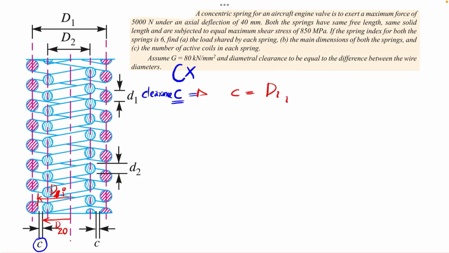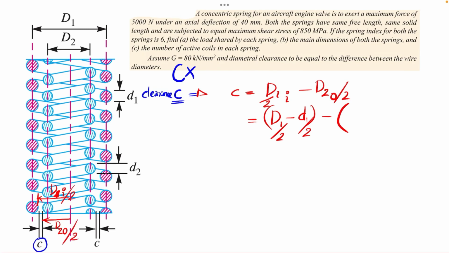So I can write the clearance, that is small c, equal to D1I minus D2O. And we are having D1I equal to capital D1 minus small d1, capital D1 by 2 minus small d1 by 2, minus D2O.